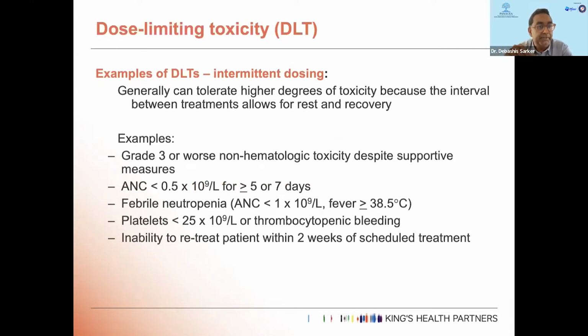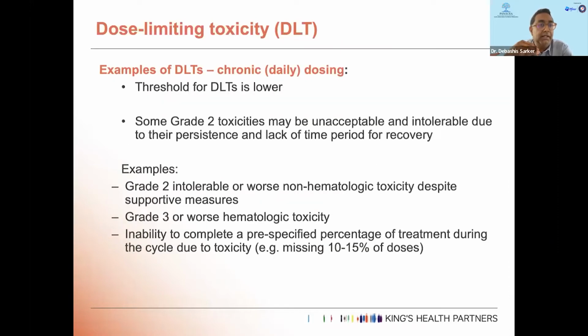So these are common hematological criteria, and these are non-hematological criteria. Often when you have chronic daily dosing, for example with molecularly targeted drugs like Sotorasib, historically we usually defined grade 3 non-hematological or grade 4 hematological toxicities as DLTs.